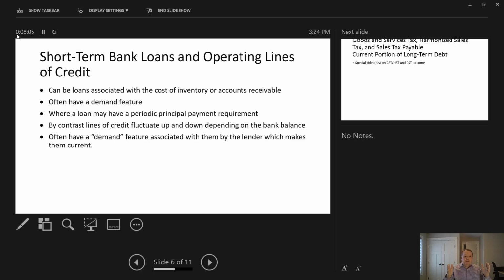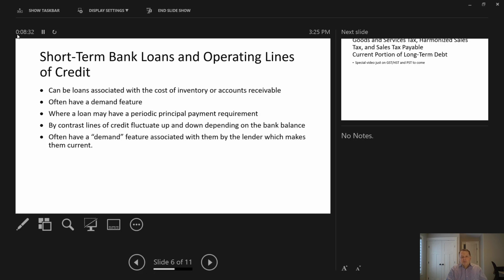And it's that demand feature that makes this a current liability, in that the bank or lender could ask for that money on demand. So kind of a challenge there for a lot of companies when they've got to do that. Now, if it's a bank loan as opposed to a line of credit, then the loan may have some periodic principal payment requirement.